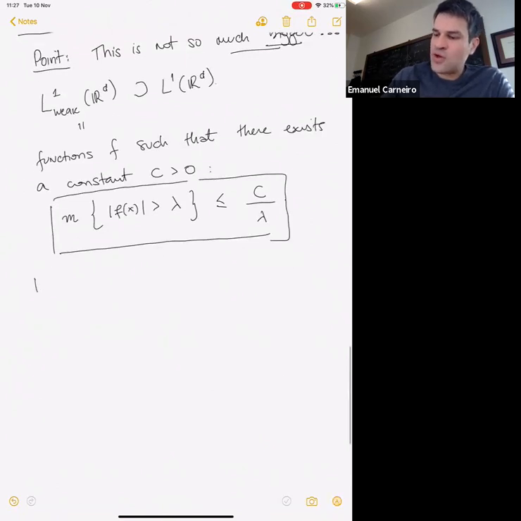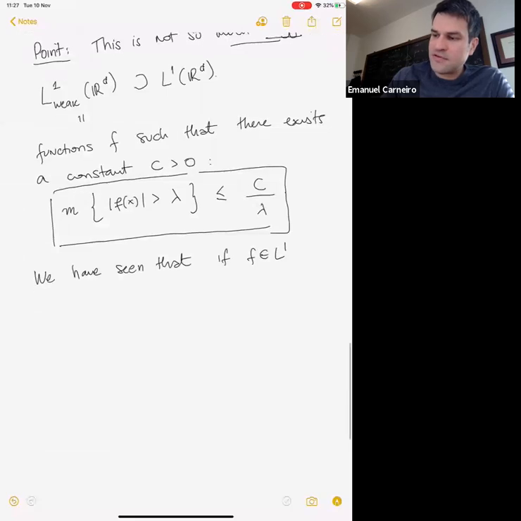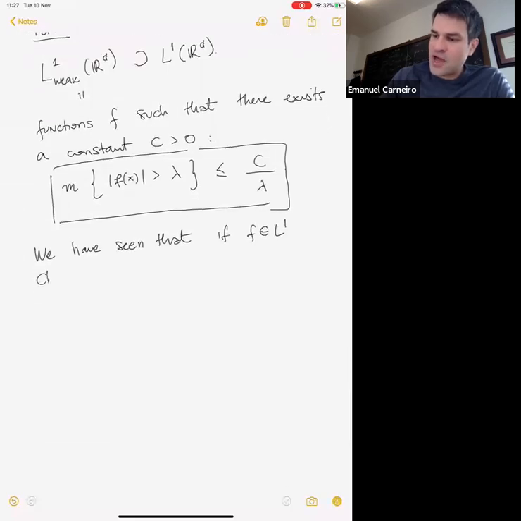Okay. We have seen that if f belongs to L1, so if a function is integrable, we have this Chebyshev's inequality that says that the measure of the set where f of x is bigger than lambda in absolute value is less than the norm of f over lambda, right?